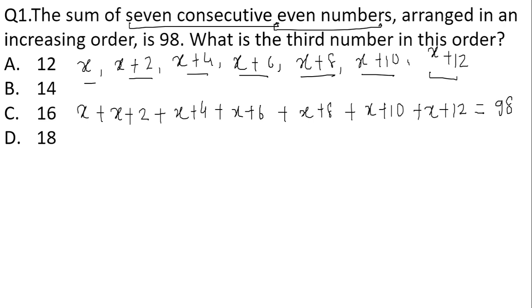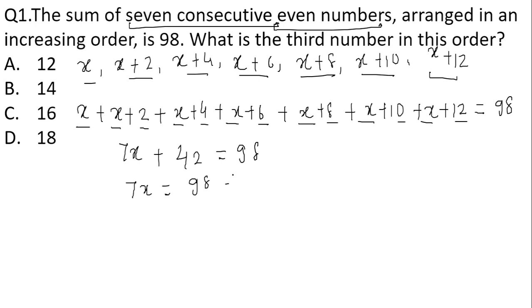So there are total 7x over here, so I'll take the summation as 7x plus 2 plus 4 is 6, 6 plus 6 is 12, 12 plus 8 is 20, 20 plus 10 is 30, 30 plus 12 is 42. So 7x plus 42 is equal to 98. So simply 7x is equal to 98 minus 42, this will give me 56. So 7x is equal to 56, then x is equal to 8.